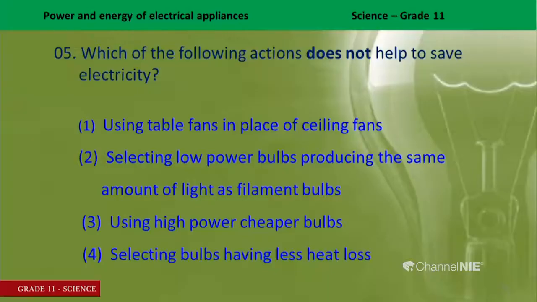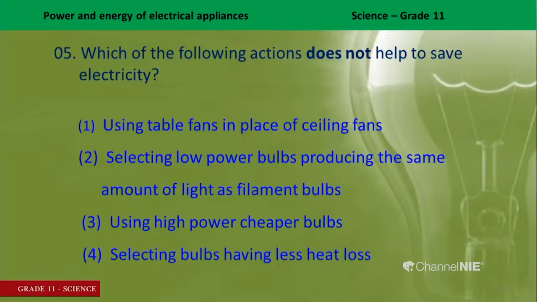Which of the following actions does not help to save electricity? This is like an application type of question. You need to apply what you have learned. We have talked about different actions that we can take at home to save electricity. You can see some of them. You need to select the one which does not help save electricity. Using table fans in place of ceiling fans.